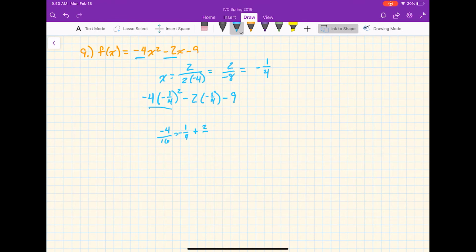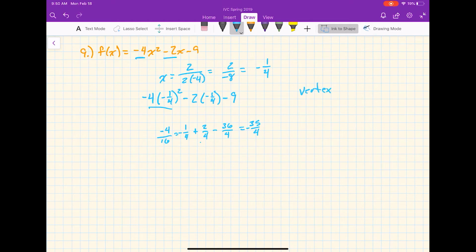This next part is negative 2 times negative 1/4, so that's going to be positive 2 over 4. We won't reduce that one because we're going to have to get common denominators anyway. Minus 9, which is 36 over 4. Yeah. There we go. So negative 1 plus 2 gets us to 1, minus 36 gets us back down to negative 35. So 35 over 4, and that's negative.